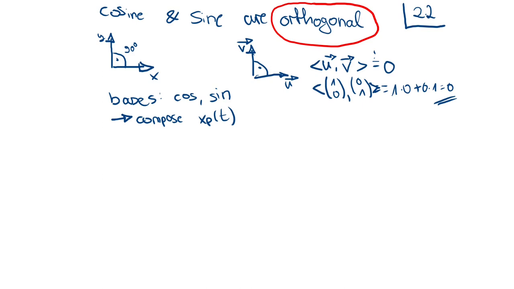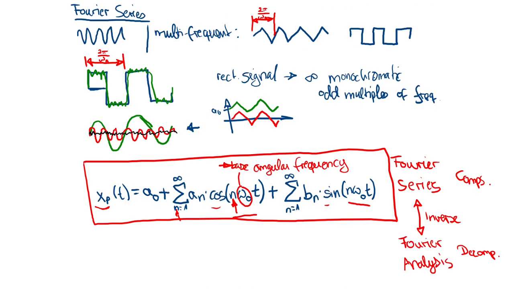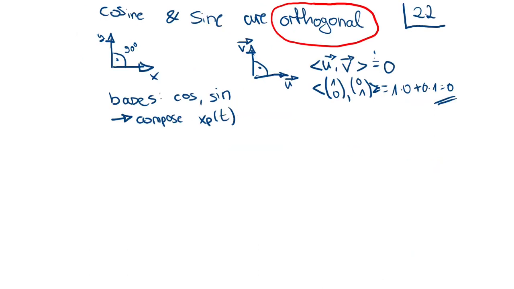And in the lecture notes you will also find the rules for how to extract the coefficients in our Fourier series. So the Fourier series here has the coefficients a0, an, and bn, and the process of finding these coefficients is called the Fourier analysis.